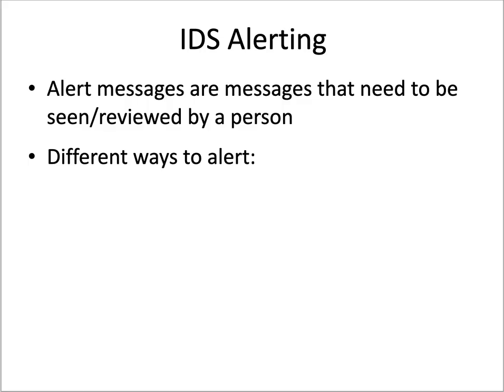But a lot of IDSs have a dashboard that shows information, and you might have a collection of network connections, and if something suspicious happens, you might turn that connection red, for example, to get the attention of somebody in your network operations center, your security operations center, or data center.